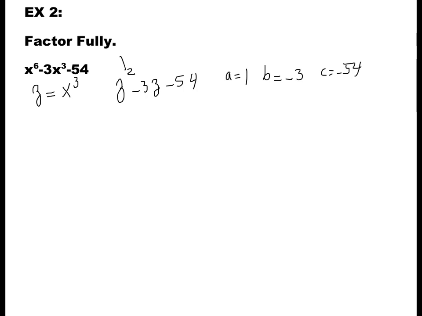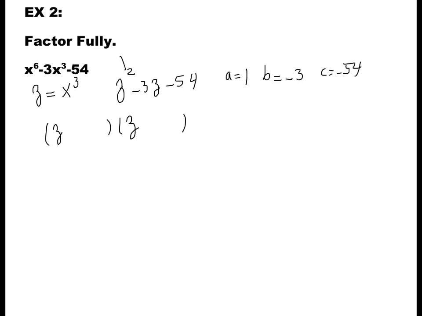Now, we have to find two numbers whose product is negative 54 and whose sum is negative 3. Hopefully we can find those two numbers. First, we know that we're going to get two brackets. The variable is z. A pair that gives you 54 is 9 and 6.